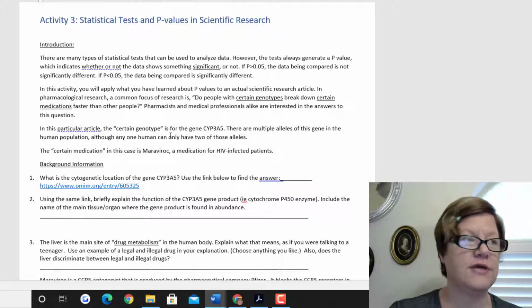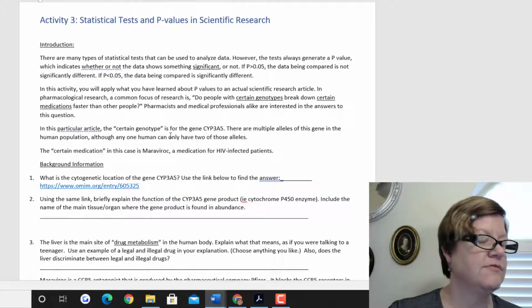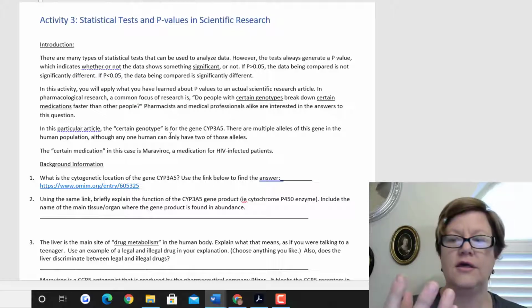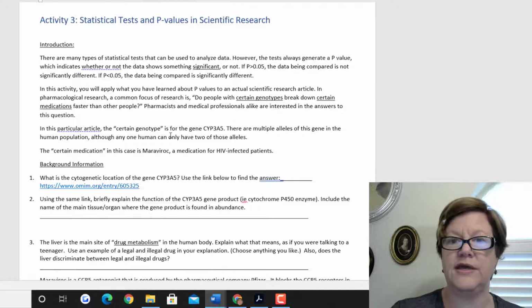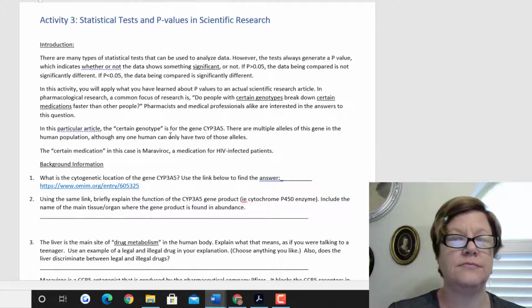Well, a pharmaceutical company, I think it was Pfizer, came up with a drug that blocks that receptor in healthy patients, and it slows down the progress of HIV.